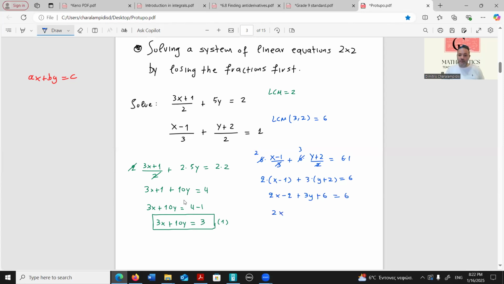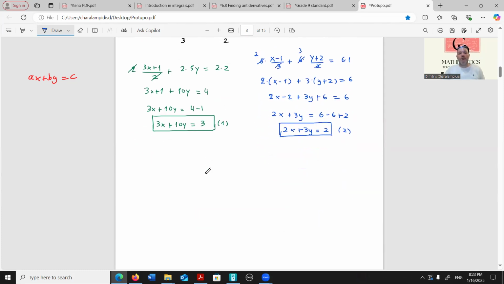So 2x plus 3y is 6 minus 6 plus 2. So 2x plus 3y should be 2. And that's the standard form of the second equation, which means that now I do have two standard forms and I can start solving.